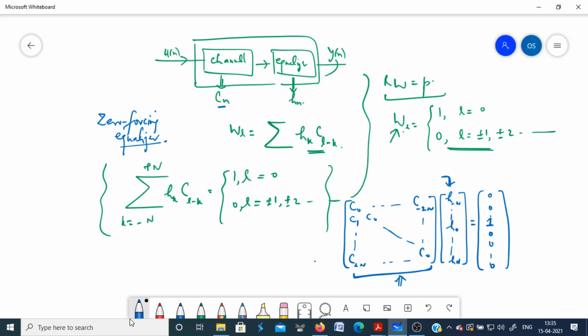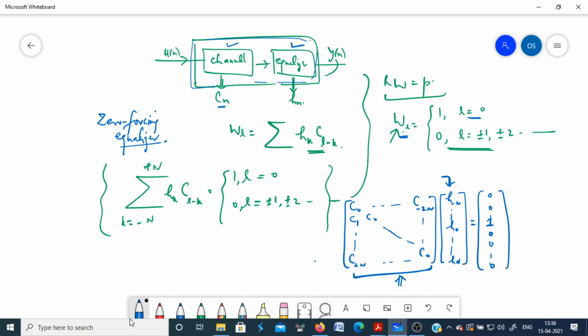So zero forcing equalizer means what? When you cascade this equalizer with this channel, the impulse response of the overall system is 1 for L equal to 0, otherwise it is 0.